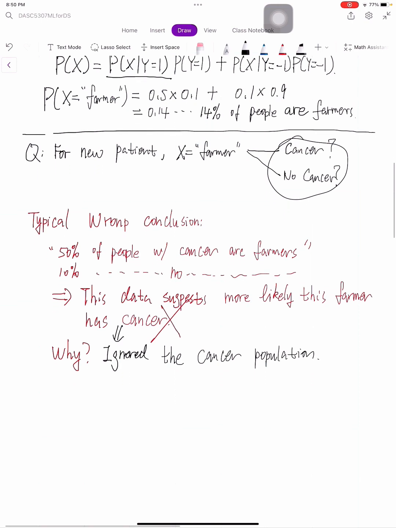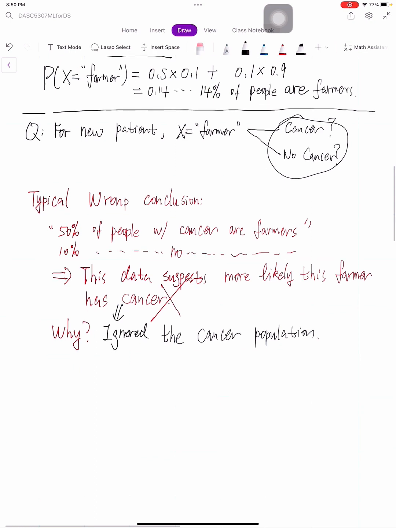Recall that there is one more condition: as expertise, the doctor knows that only 10% of the population has the cancer. So it failed to consider the prior probability that only 10% of the population has this cancer.